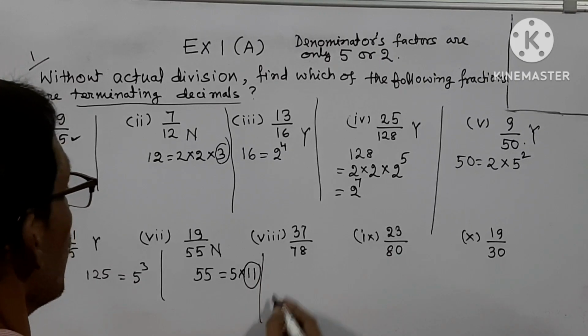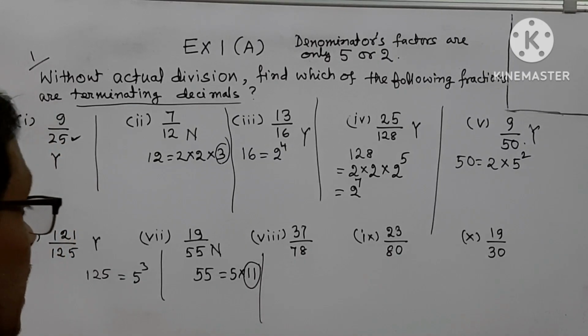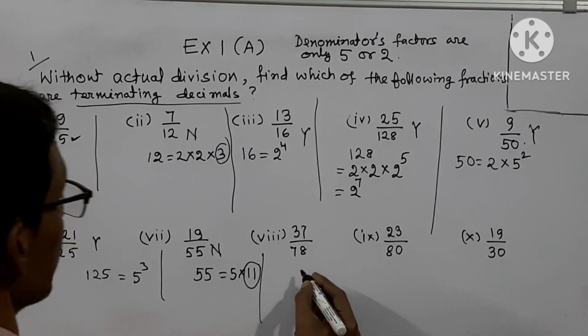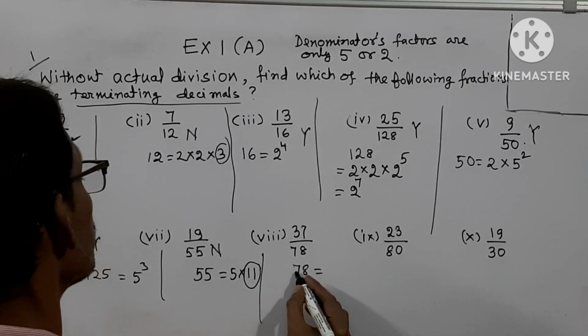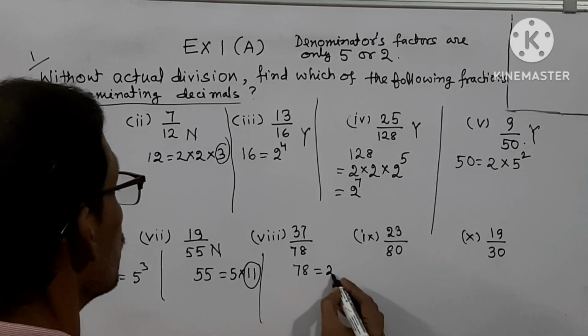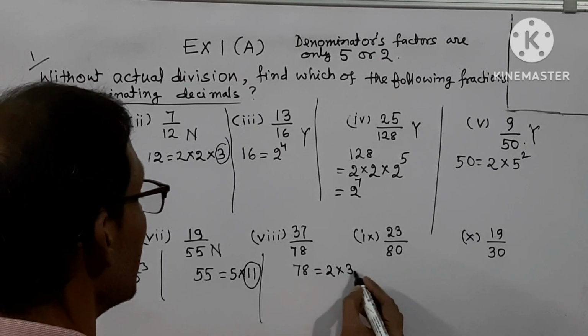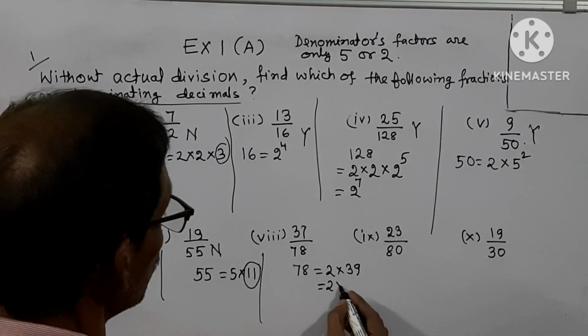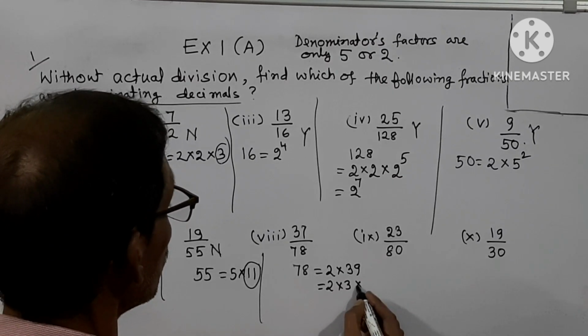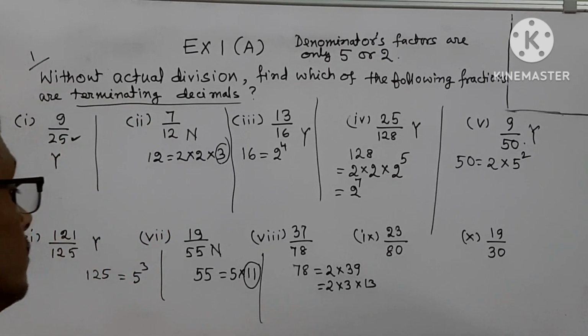Let's look at number 8, 78. 78 equals 2 into 39. Again, we can say 2 into 3 into 13.